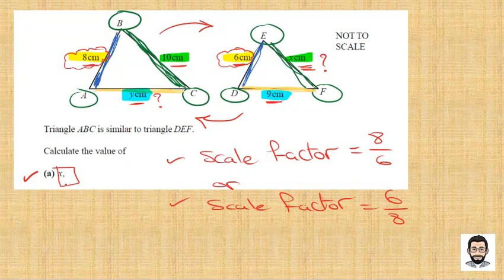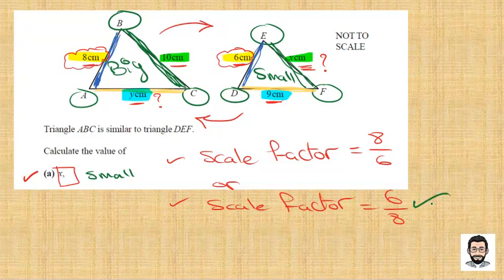What do you need? You find x. So x, where is it? Here. In the small triangle or the big? So this is the big one, and this is the small one. So you need to find x, and x is related to the small one. So which scale factor are you going to use? If you want to find a small side, a side in the small triangle, the small shape, what are you going to do?